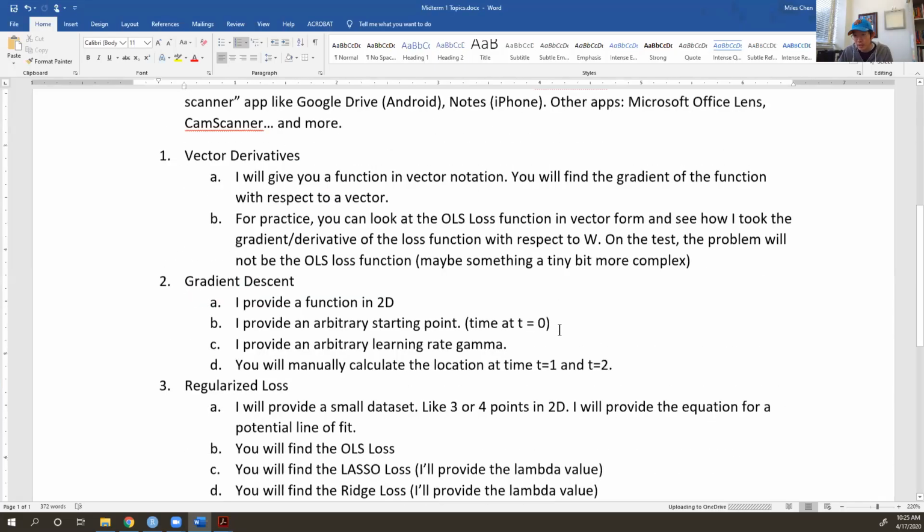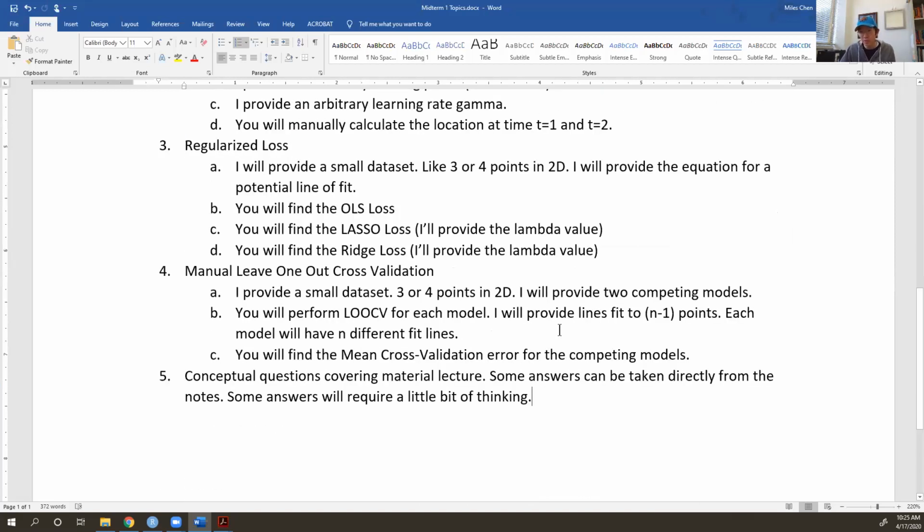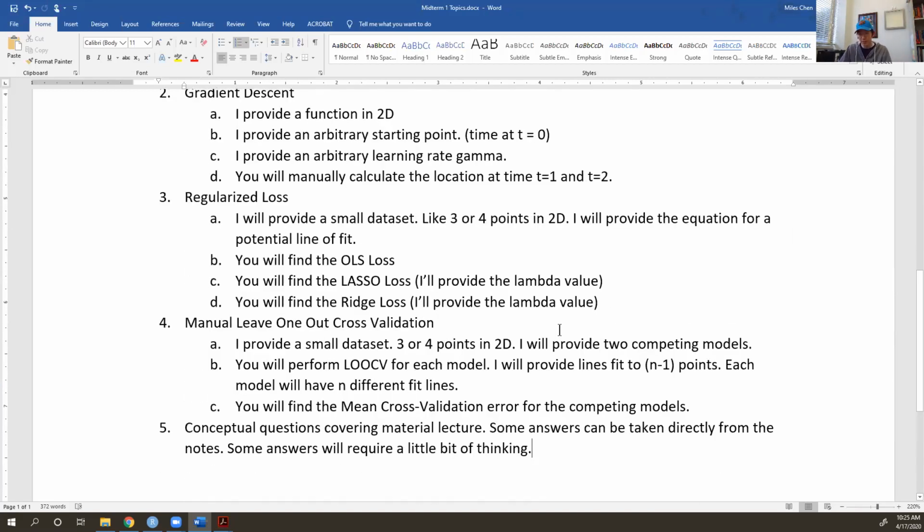Are we going to have to do manual matrix algebra to find the n lines of fit for leave one out cross-validation? No, I will provide the lines fit to the n minus 1 points. If you've got points 1, 2, 3, 4, I will tell you what the line looks like when it's fit to points 1, 2, 3, when it's fit to points 1, 2, 4, when it's fit to points 1, 3, 4, and when it's fit to points 2, 3, 4.